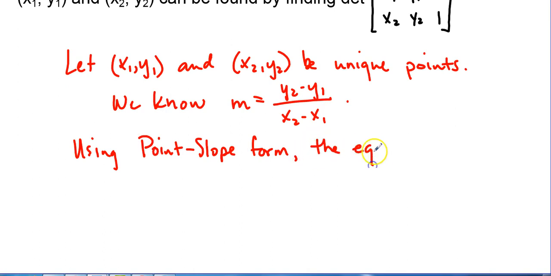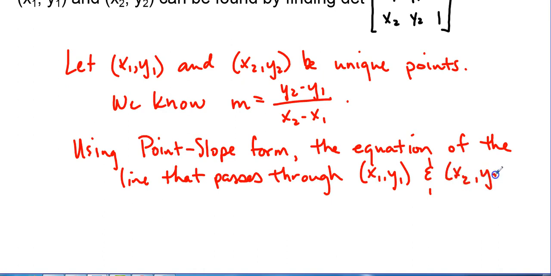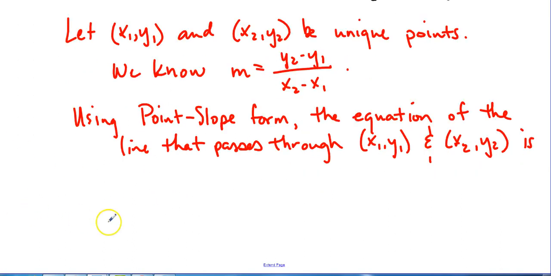So using point slope form, the equation of our line that passes through these 2 points x1, y1, and x2, y2 is, so let's write the equation.